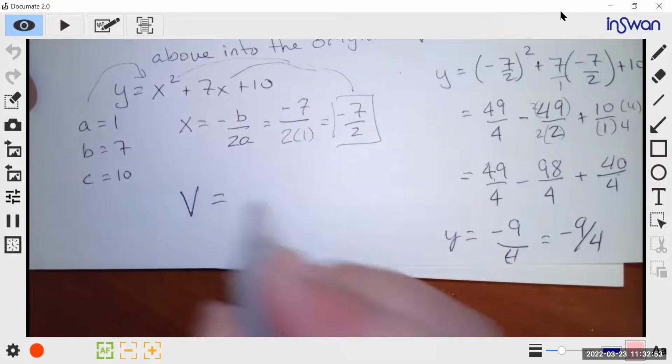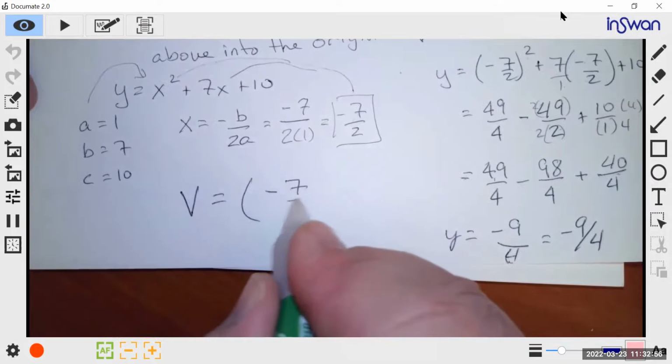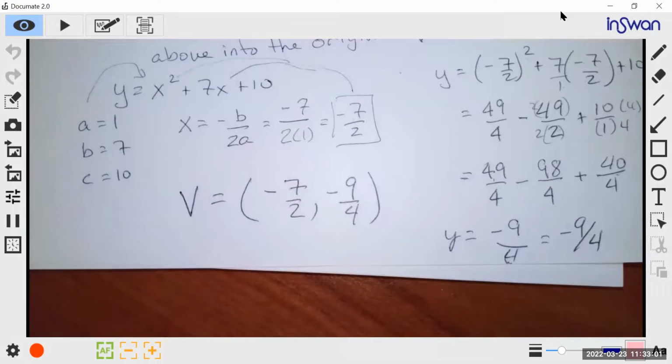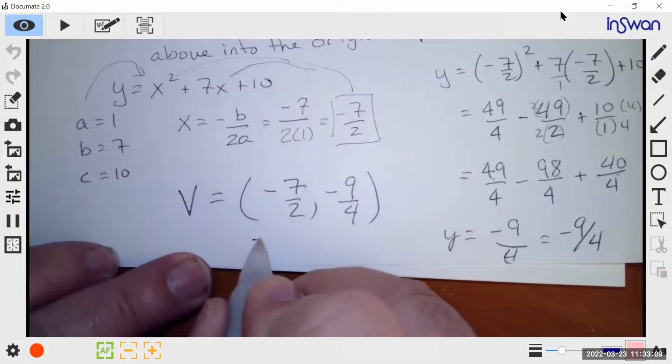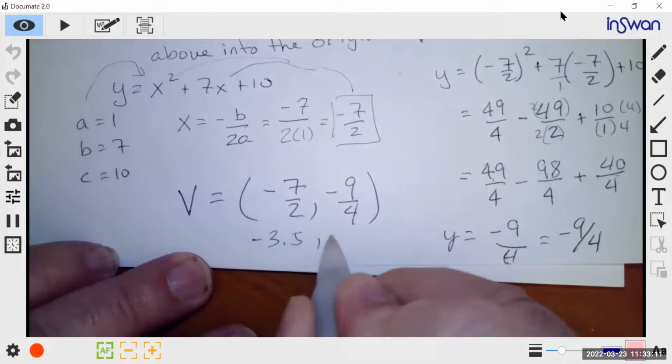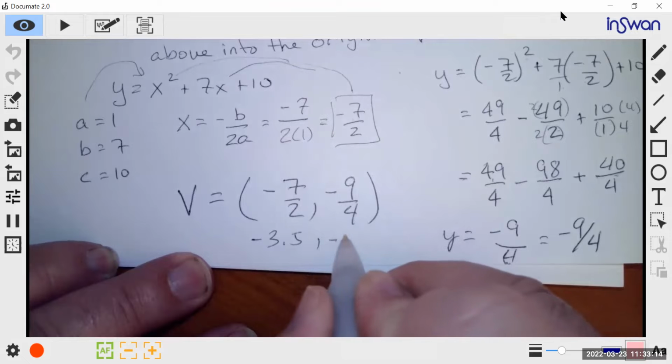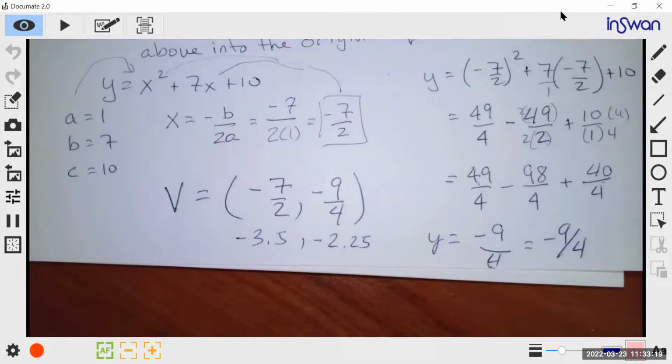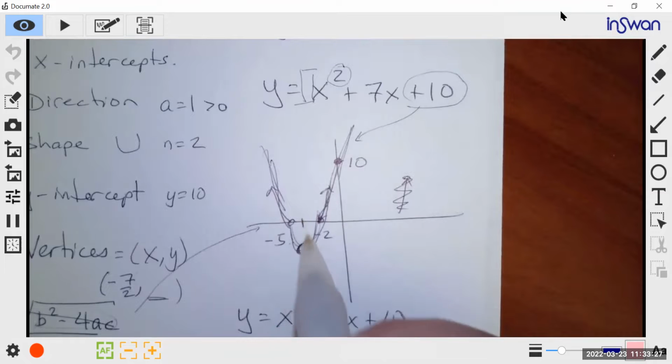So the vertex is at negative 7 over 2, negative 9 over 4, which is negative 3.5 and negative 2.25.